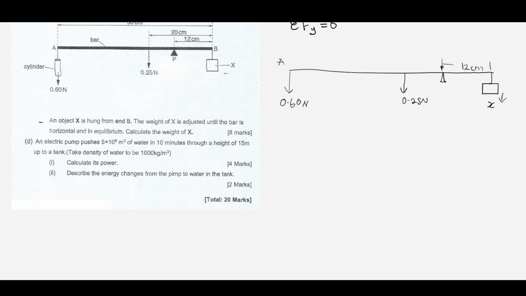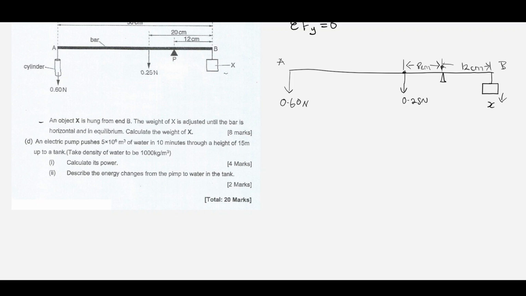And we know that here we've been given 12 centimeters, which is the distance here. And since from point B to this point where I have that force, we have 20, we can just subtract 12 from 20, then we'll be able to get 8 centimeters here as our distance.